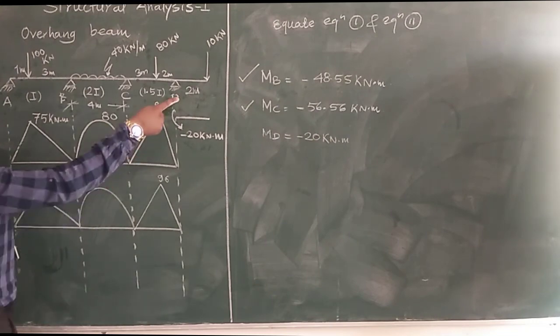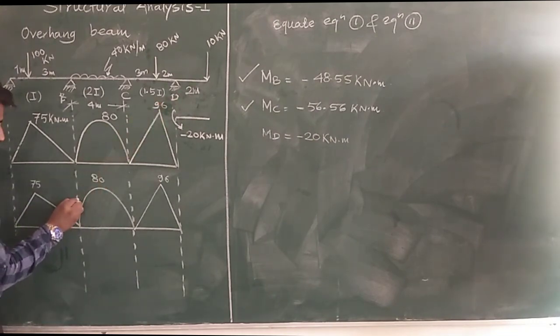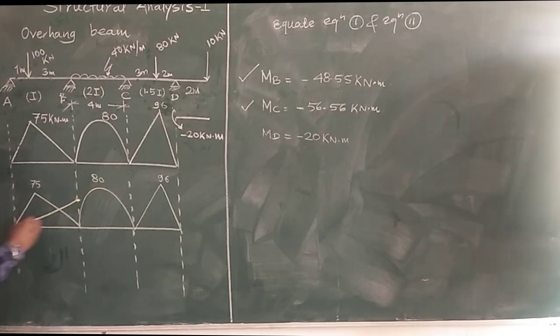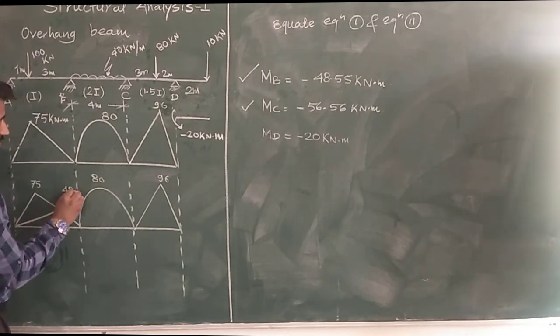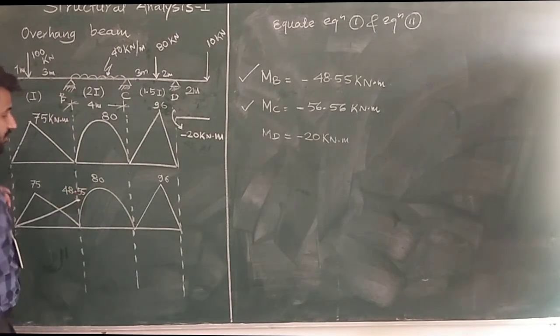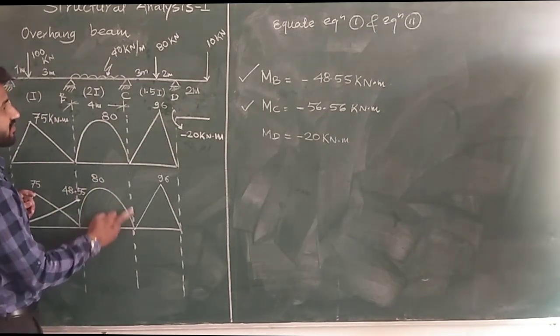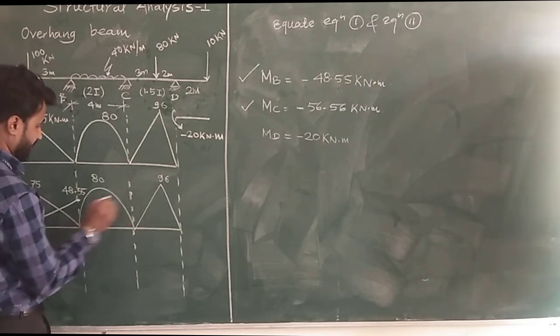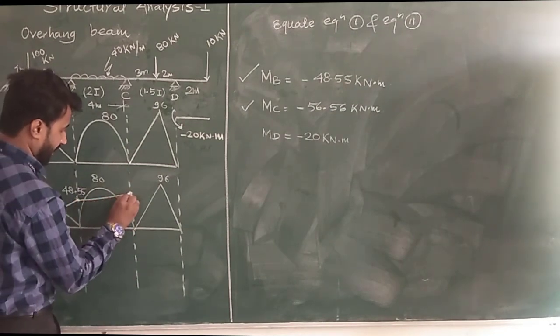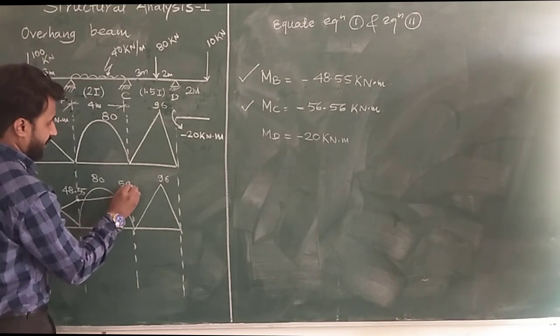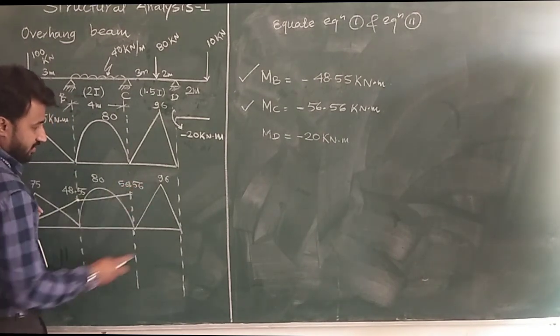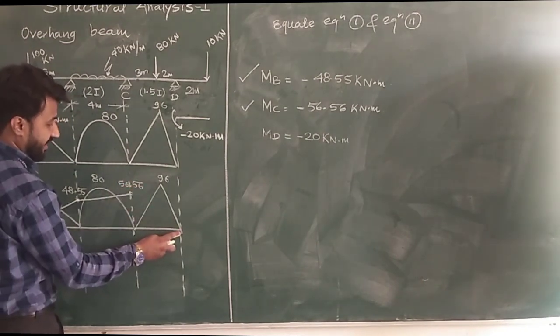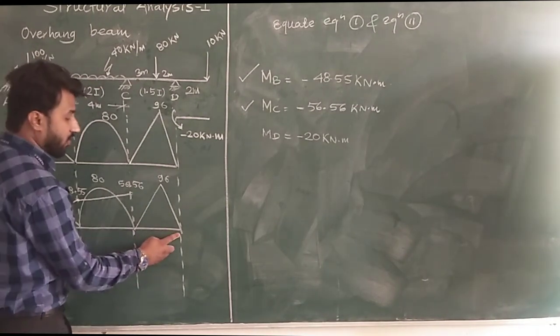Okay, now the bending moment at B is minus 48.55, so we are drawing 48.55 and connecting this. Now the bending moment at C is minus 56.56, so this is 56.56, we are drawing this. Now this is the bending moment at D, so this is not 0 over here.